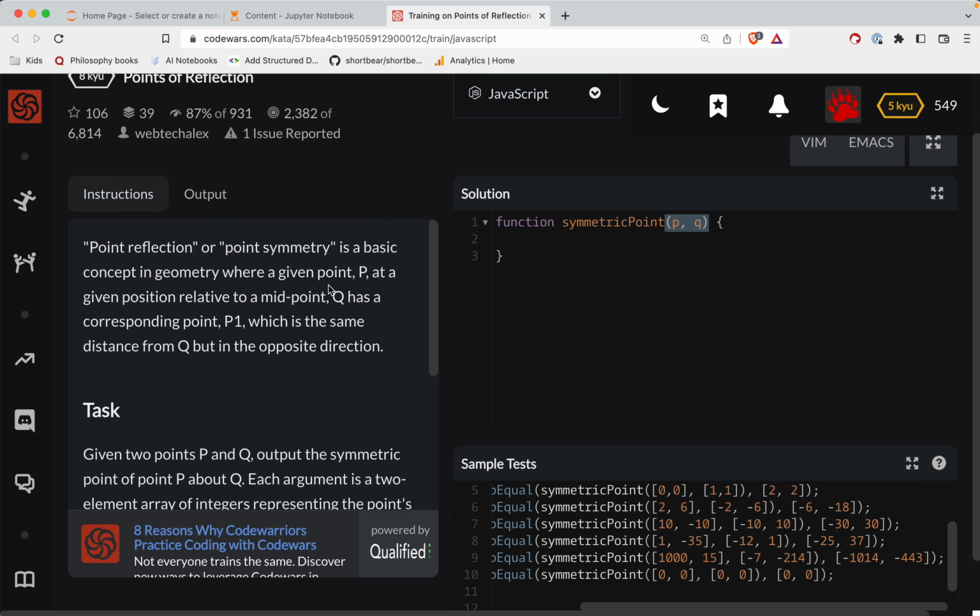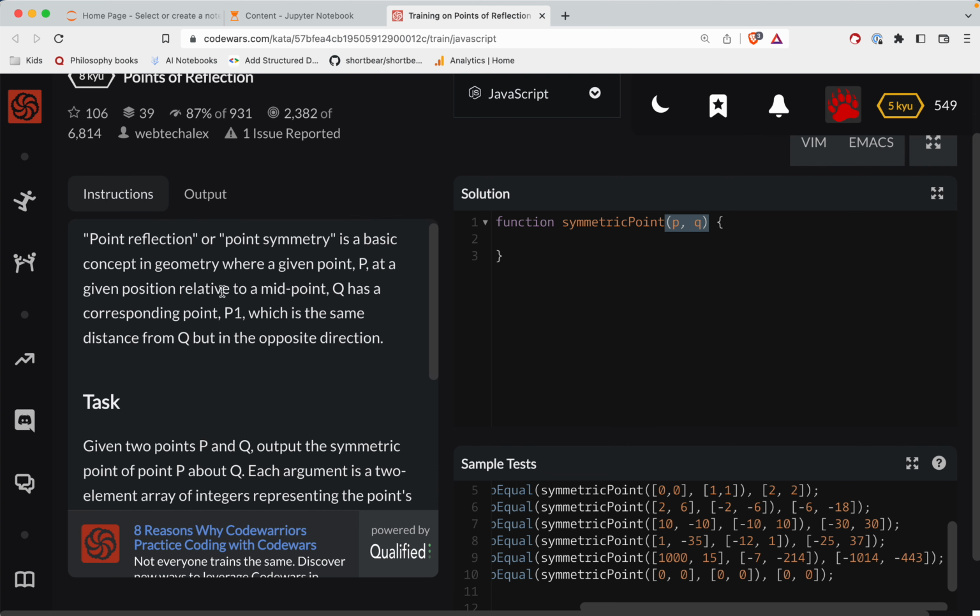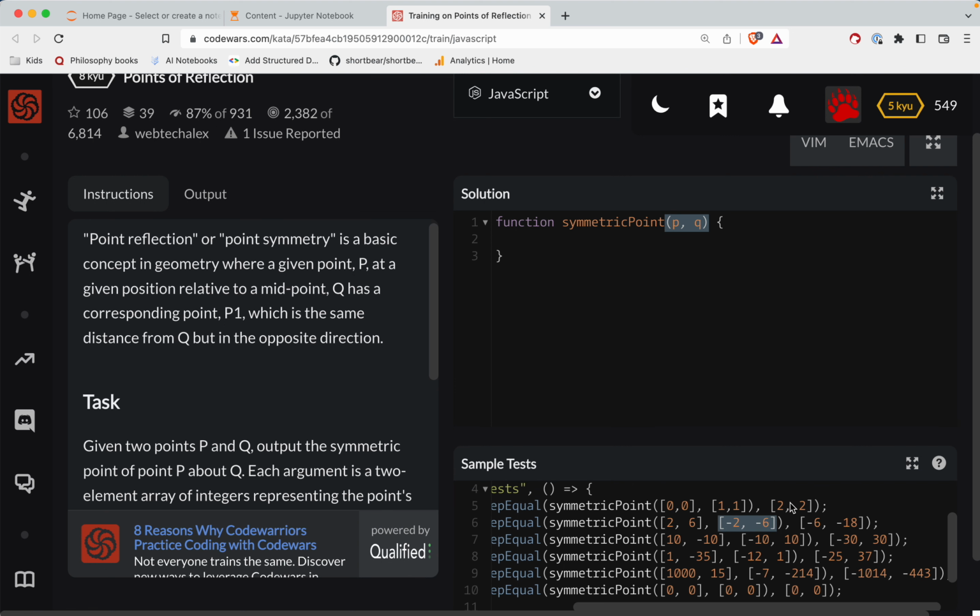Point reflection, basic point. A point at a given position relative to a midpoint Q. Okay, so this is the midpoint. What's on the other side? Here's the midpoint, so we're going backwards. So if that's the midpoint, okay, so that went a distance of 12, right?